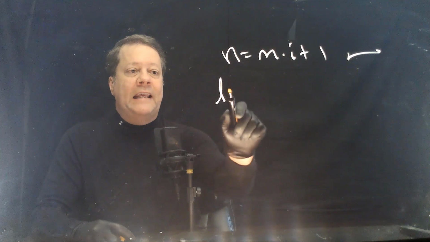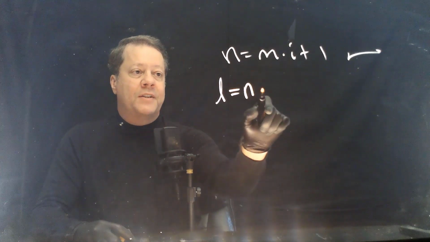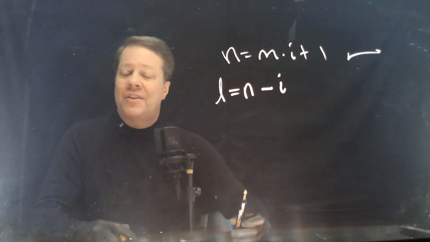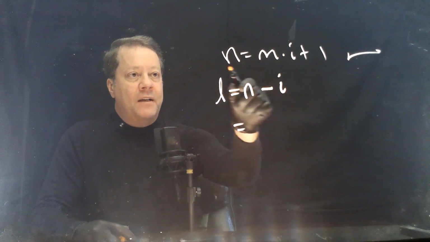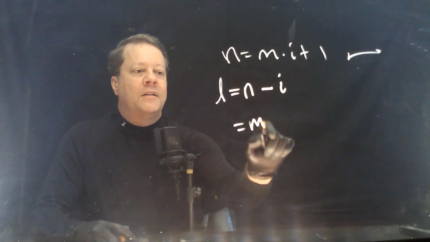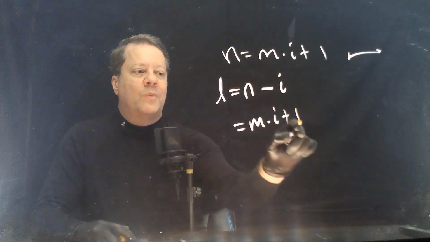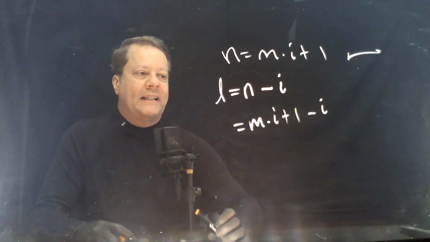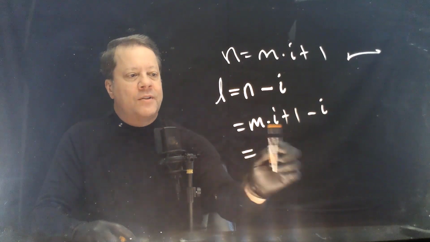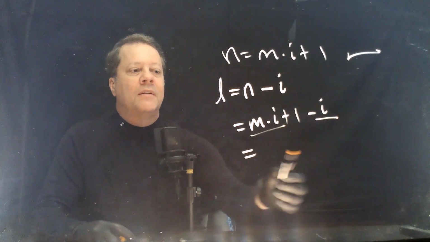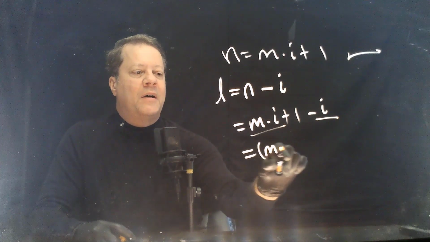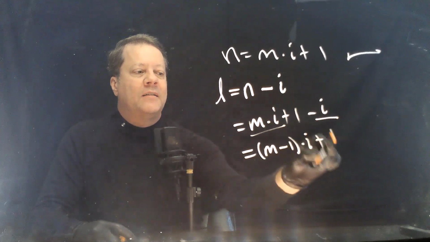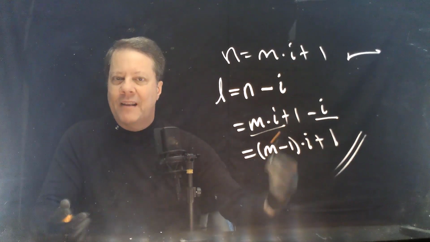Well, the number of leaves is the total number of vertices minus the number of internal vertices. And we already know that the number of vertices is m times I plus 1. We're just subtracting I. So if we take these two terms and factor the I out, we'll end up with m minus 1 times I plus 1. And the proof is over.